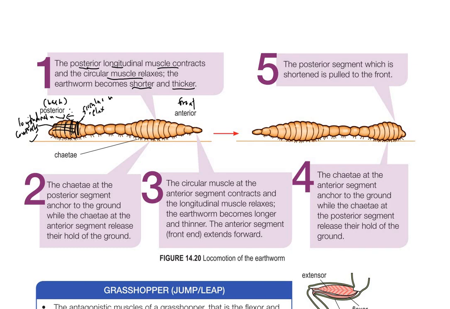Number 2: the kete at the posterior segment anchor to the ground, while the kete at the anterior segment release their hold on the ground. You see here, the kete here anchor to the ground. It will touch the ground.